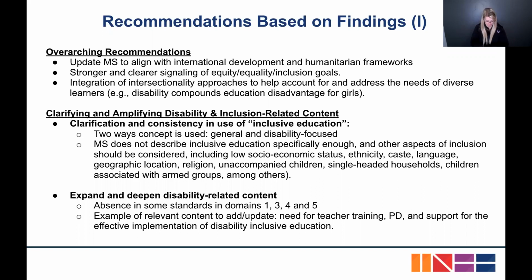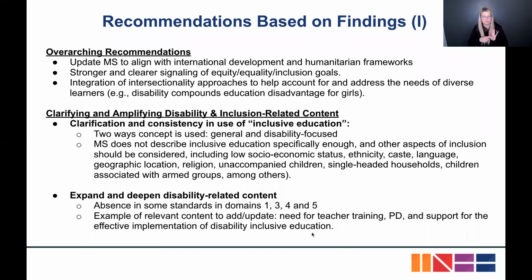So yeah, the MS does not describe inclusive education specifically enough, and therefore it is important to really hit on the disability aspect of that inclusive education, by also considering factors such as low socioeconomic status of learners, their ethnicity, caste, language, etc., as a way to broaden the intersectionality as a way to be able to assess needs more specifically.